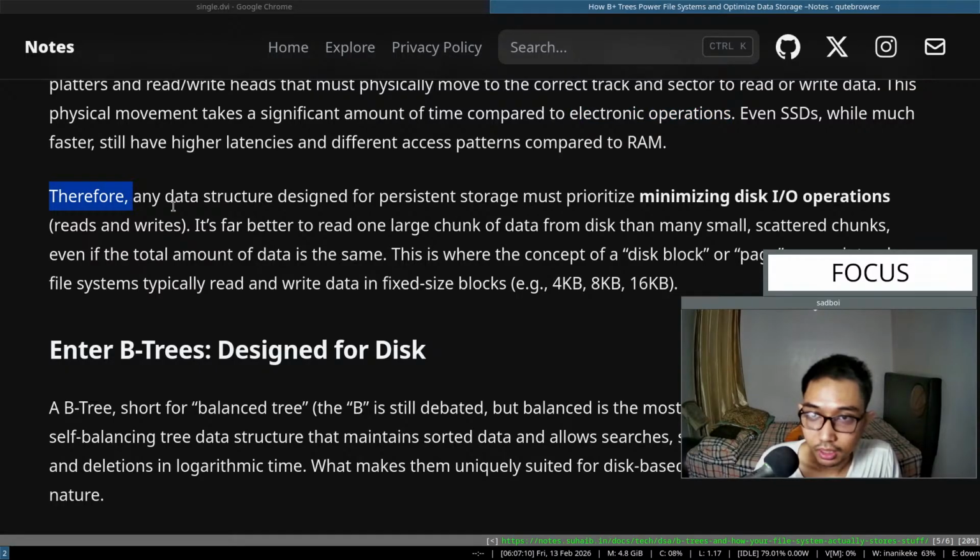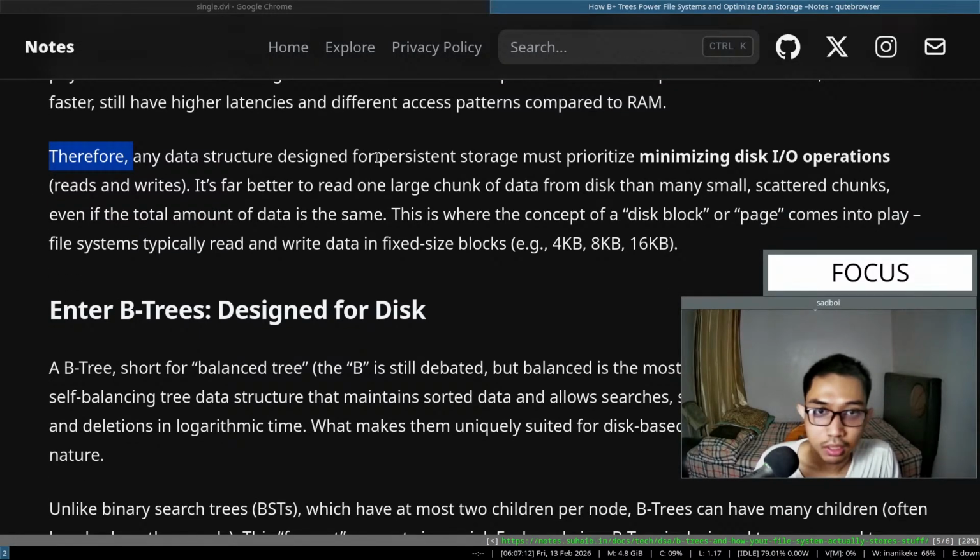Therefore, any data structure designed for persistent storage must prioritize minimizing disk input-output operations, reads and writes. It is far better to read one large chunk of data from disk than many small scattered chunks, even if the total amount of data is the same.